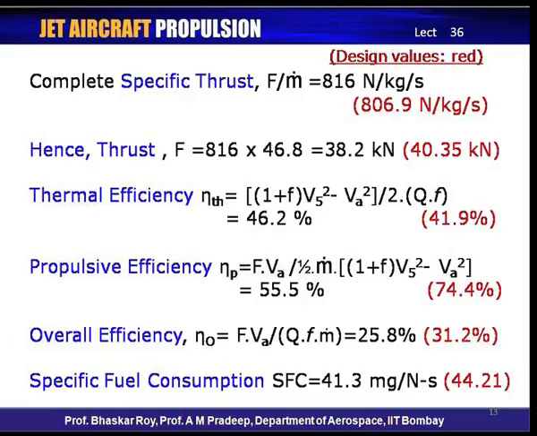So, we have calculated the engine parameters at an off design operating point, which is defined at altitude of 9 kilometers and at Mach 1.5, and compared all the parameters with the design point parameters.